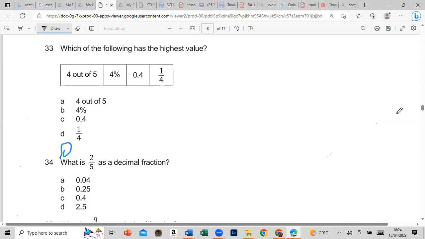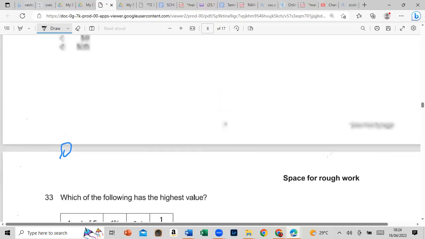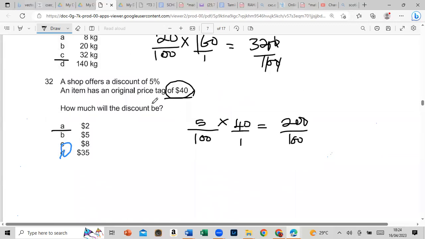Hold on, Khalil. All we did was find 5% of $40. If you're finding a percentage of a number, it would be 5 out of 100, since percent means out of 100, times the number.